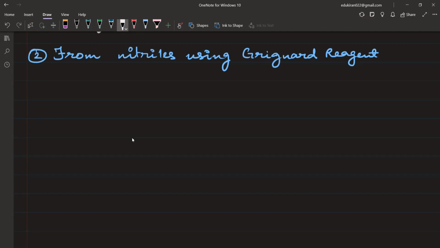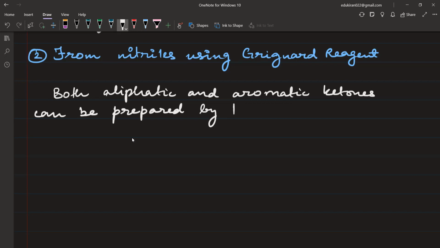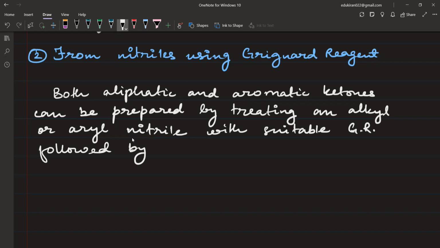Now please write both aliphatic and aromatic ketones can be prepared by treating an alkyl or aryl nitrile with suitable Grignard reagent followed by hydrolysis.